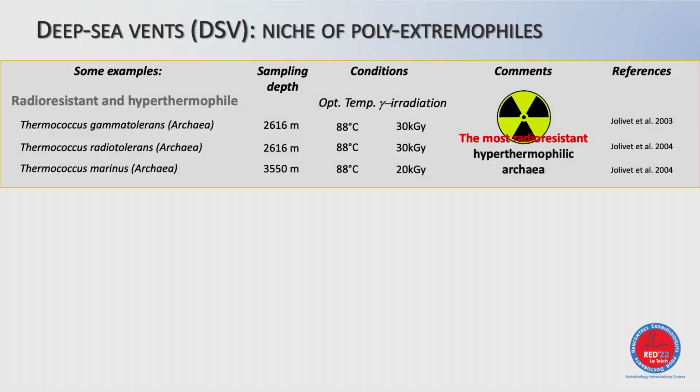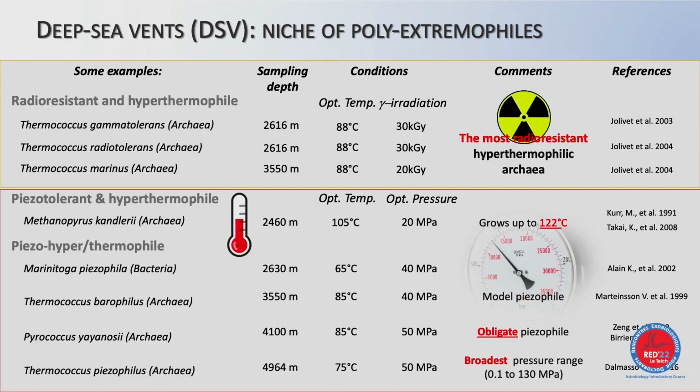So in the deep sea vents, you can also find polyextremophiles. Some examples here are the radio-resistant hyperthermophiles. And those strains are the most radio-resistant hyperthermophilic archaea we can find on Earth. Besides radio-resistant, you can also find some piezotolerant ones. So they are hyperthermophiles, but also adapted to high-pressure conditions.